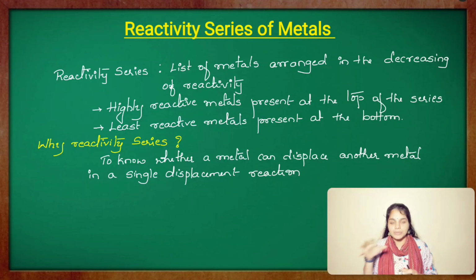As I told you in the beginning of this video, now it is time to know the trick to memorize this reactivity series. Let me write that trick and I'll tell you how you can remember the metals of the reactivity series using that memory tip.